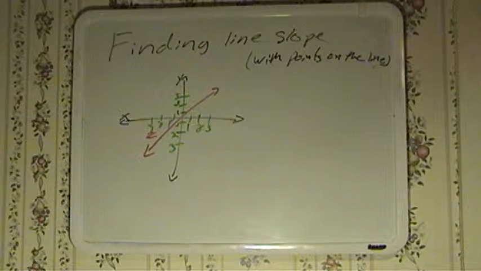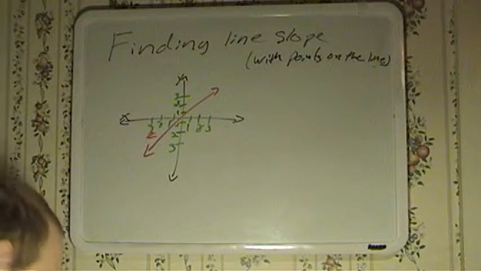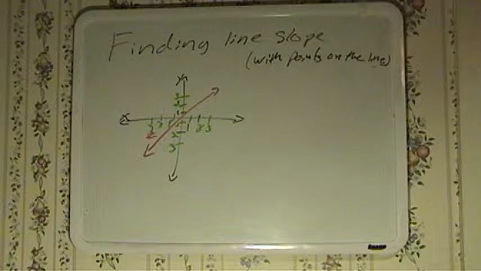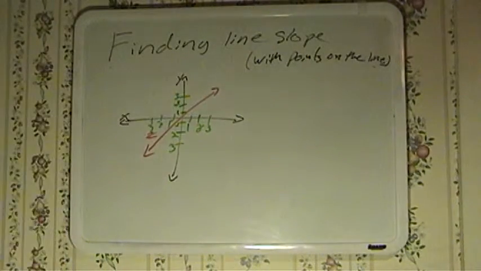Okay, so when you've got a line like this, not giving you anything about it except some points on line Z here, we're going to look at line Z and find some points on here. And points are expressed as two coordinates, an x and a y, which all that does is tell you where on the x-axis, if you drew a straight line down from this 1, 2, 3 or whatever, where it would hit, and where on the y-axis it would hit if you drew straight left and right.